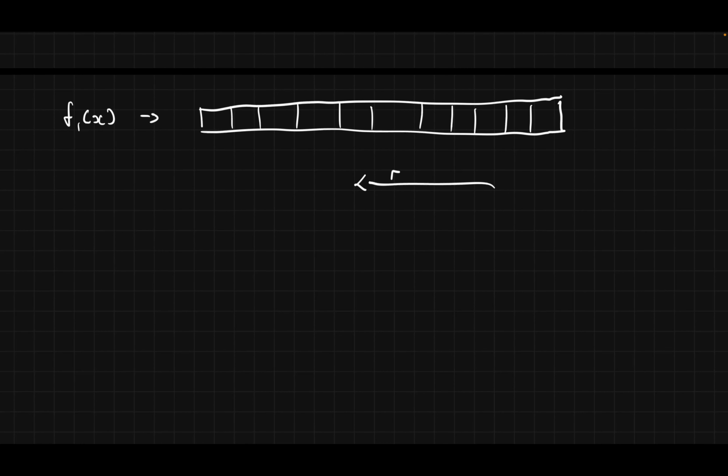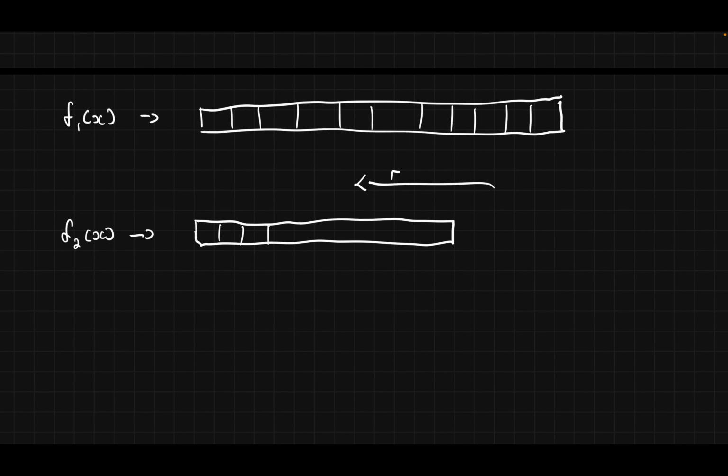Then we merge both sides with r to get the next polynomial, f2 of x, and extend it based on the blow up factor. Since the degree is halved, the code word is also halved, and that way you have reduced the problem.